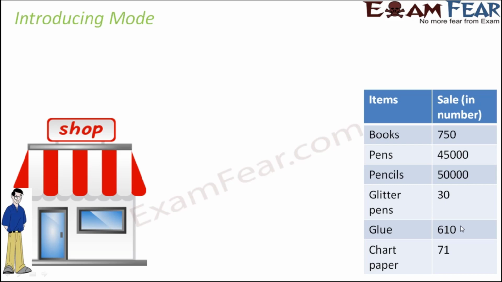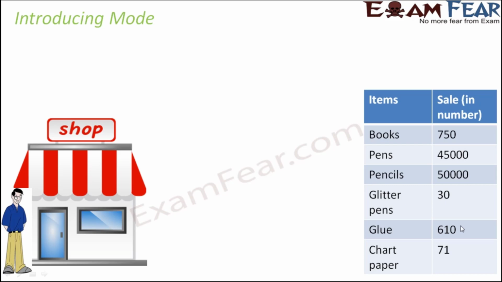Glitter pens 30, glue 610, chart paper 71, and so on. This list tells how much was the sale of each item in his stationery shop. To keep things simple, let us assume that his profit margin is more or less the same for all these different items.